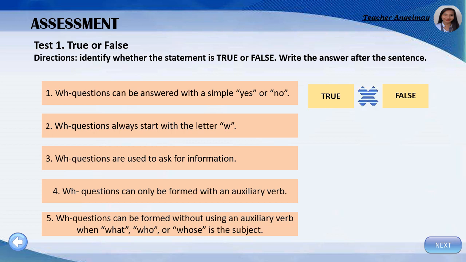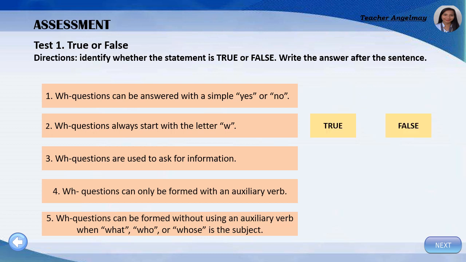The answer is false. Next question. WH questions always start with the letter W. What is the answer? The answer is false.